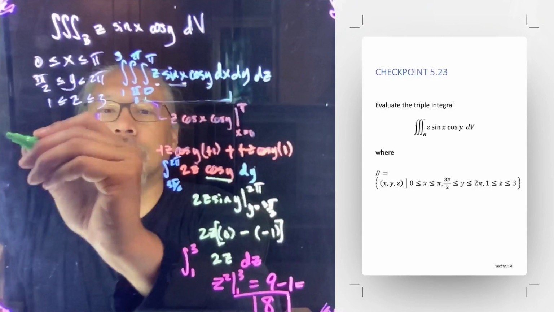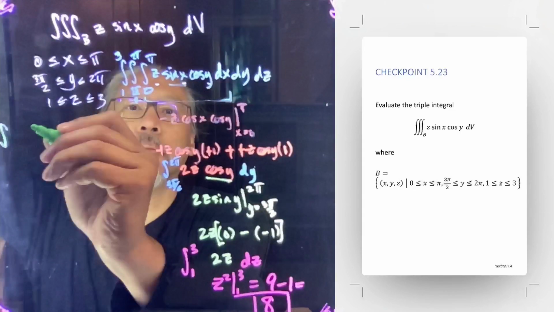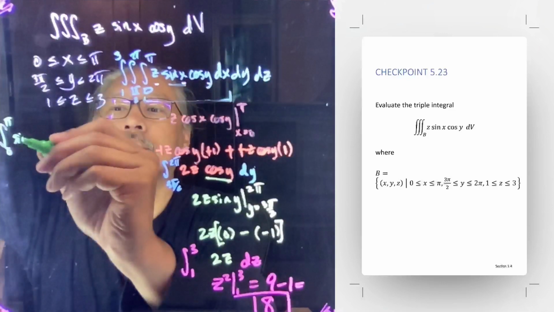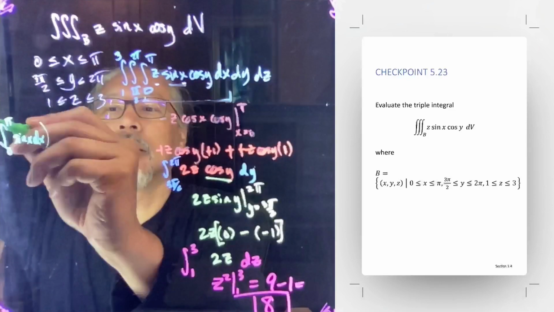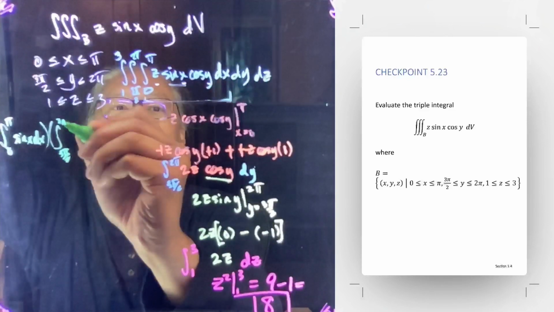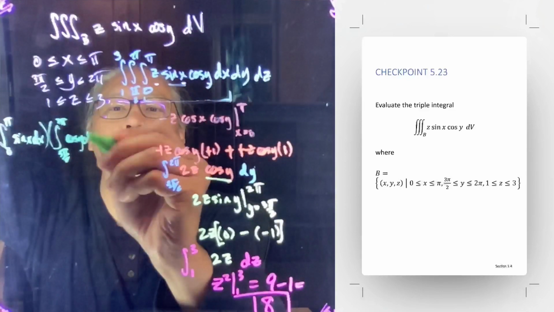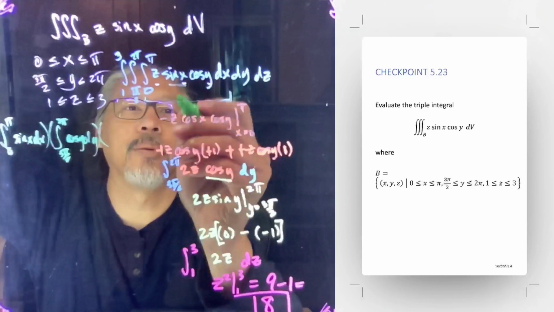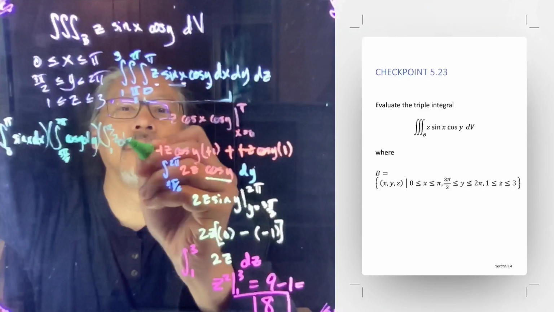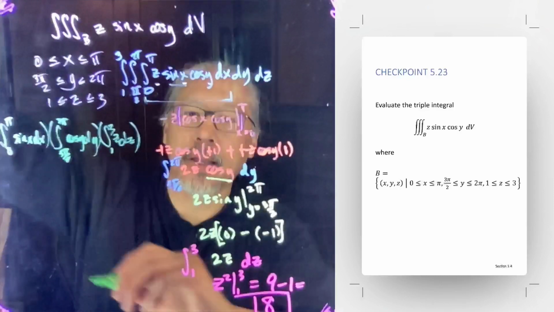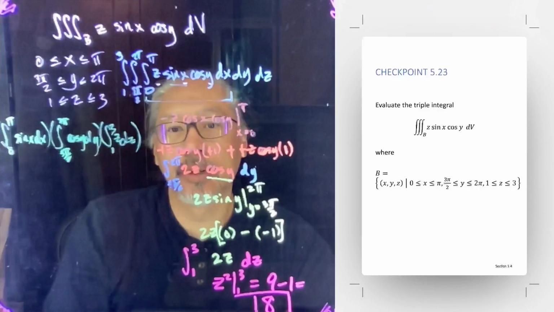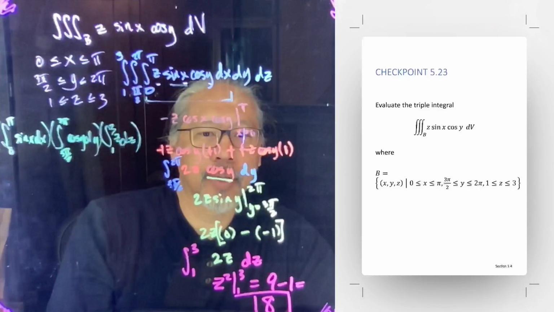We could have integrated this as the integral from 0 to pi of sine x dx, and then multiply that with the integral from 3 pi over 2 to 2 pi of cosine y dy, and then multiply that with the integral from 1 to 3 of z dz, and multiply each of these integrals together, and hopefully you'll get the same answer as 8. Okay, all right, I hope that helps.